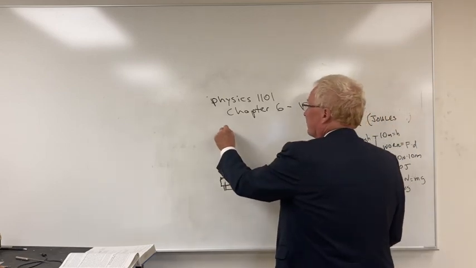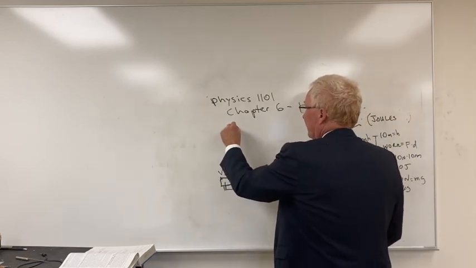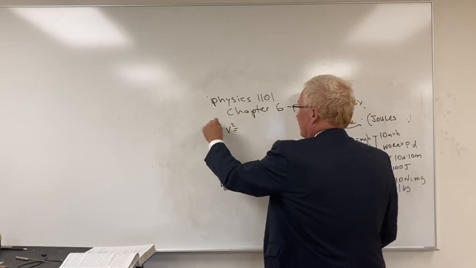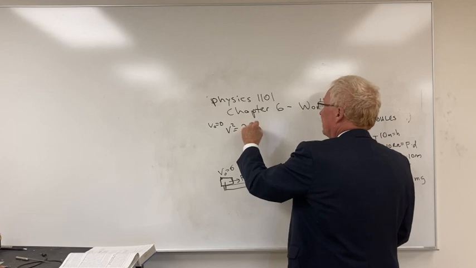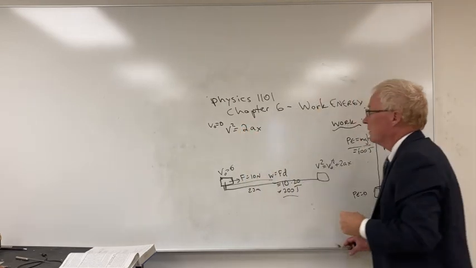Remember our equations from earlier: if v0 is 0, so we start from rest, then v squared is 2ax.